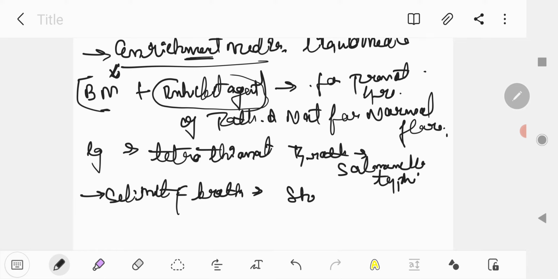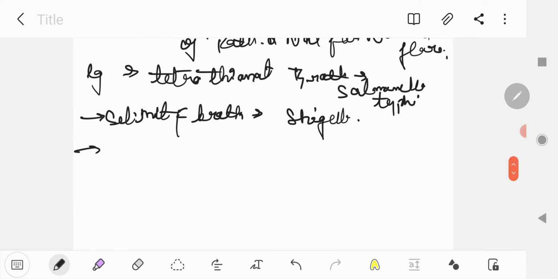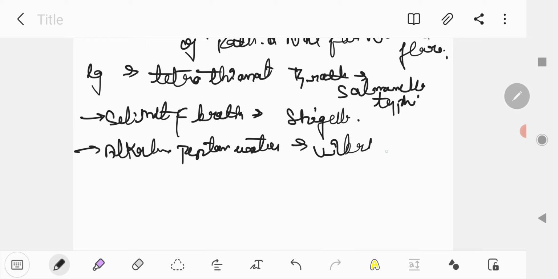Selenite F broth is used for Shigella. And the third one is the alkaline peptone water, which is for Vibrio cholerae.